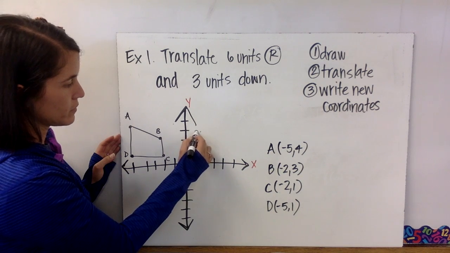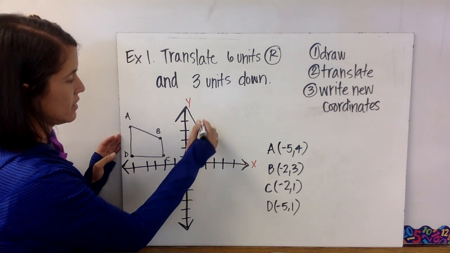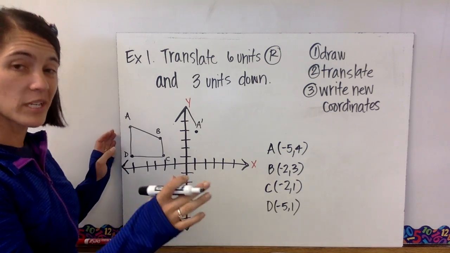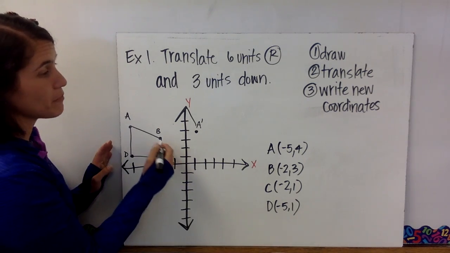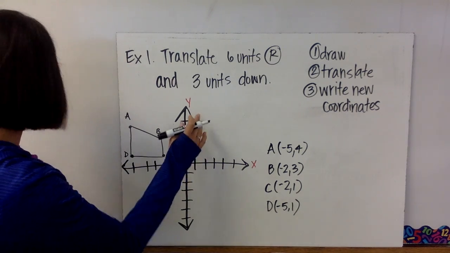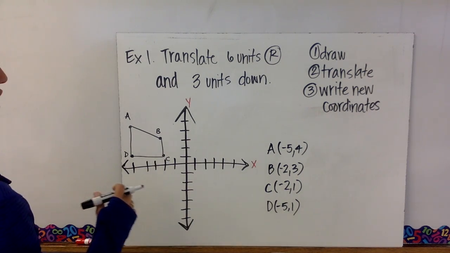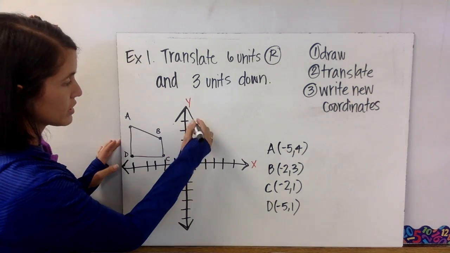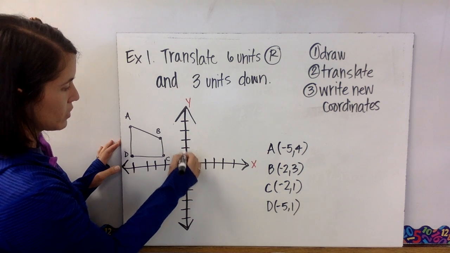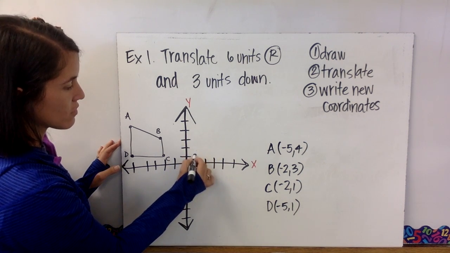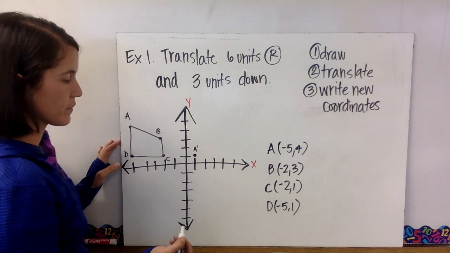Whoops, sorry, erase. That's 6 units to the right, but then I need to go 3 down. So I went over 6, and then I need to go down 3. 1, 2, 3. So there is my A prime. Remember, the image is a prime.